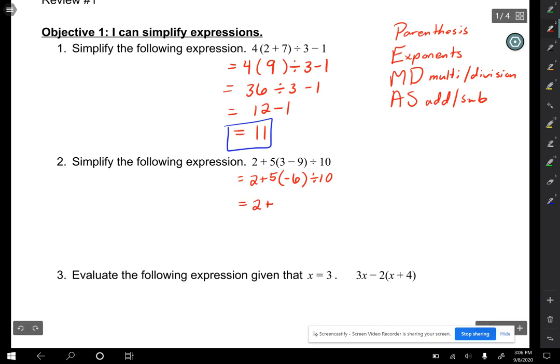So we have 2 plus, now I get to multiply, because multiplication and division are on the same level, but working from left to right, I run into the multiplication first. So 3 times negative 6 is negative 30, divided by that 10. We have 2, and then negative 30 divided by 10 is negative 3. Finally, 2 minus 3 is negative 1.